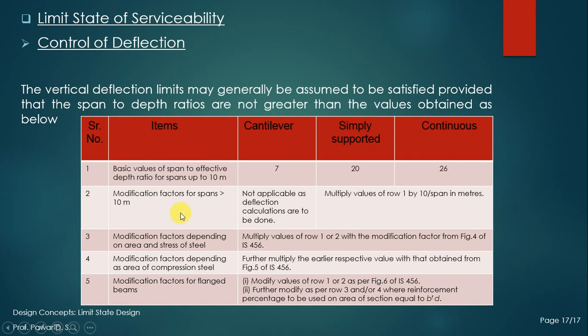Second, the modification factor for spans less than 10 meters. You can use the modification factor to increase these values. How do you increase this value using the modification factor? Whatever area of steel is required, if you provide extra steel, you can take that advantage. Using IS456, you can increase this value by multiplying by the modification factor.